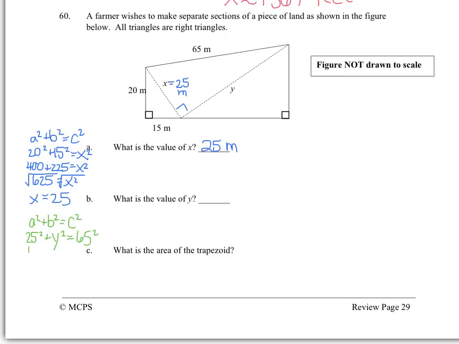So 25 squared is 625 plus y squared, and 65 squared is 4,225. I'm going to take away 625 on both sides. So we get y squared equals 3,600. And then if I square root both of those sides, y is going to equal 60. So the value of y is going to be 60 meters.